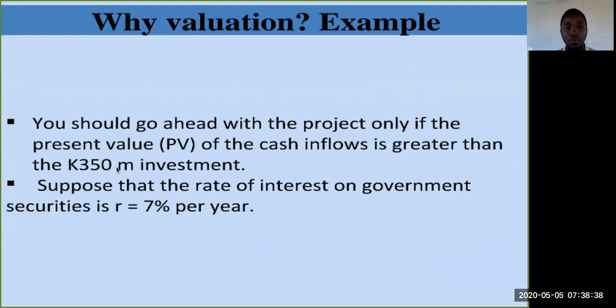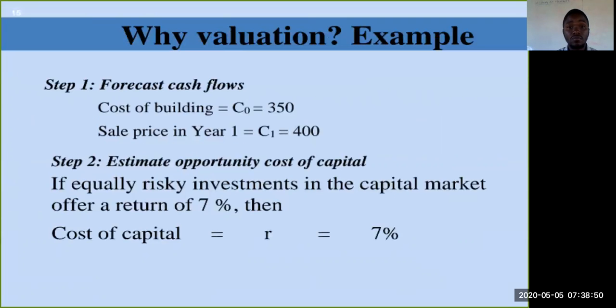So what are we going to do? Suppose the rate of interest on government securities is 7% per year. So that is the interest rate. And then forecast cash flows. The cost of building was 350. The sale price in year one was 400.